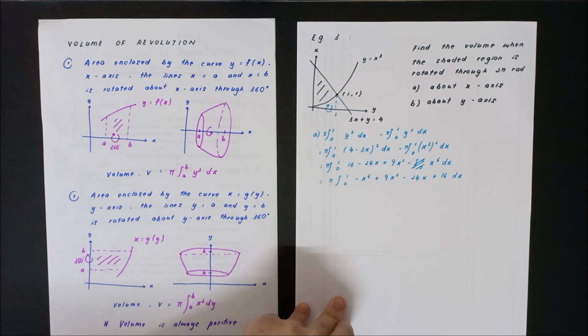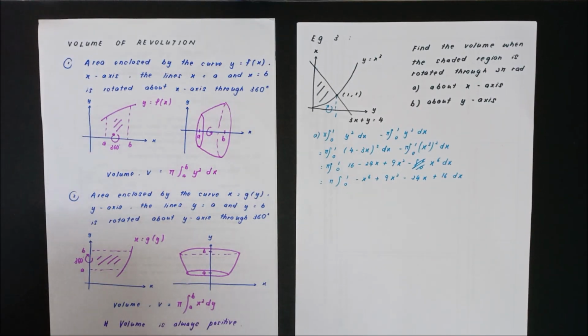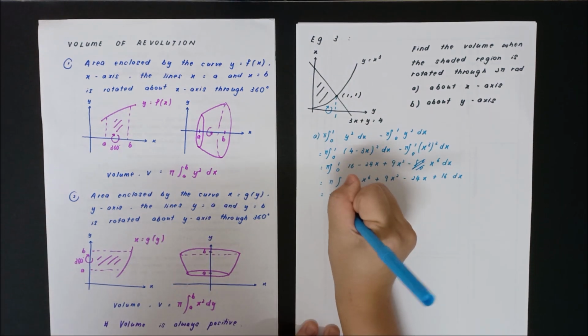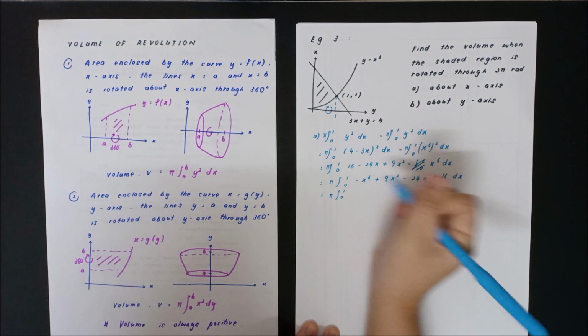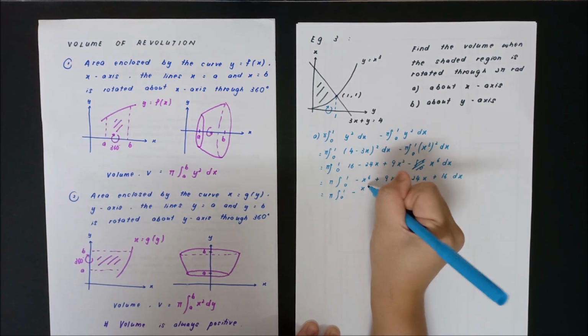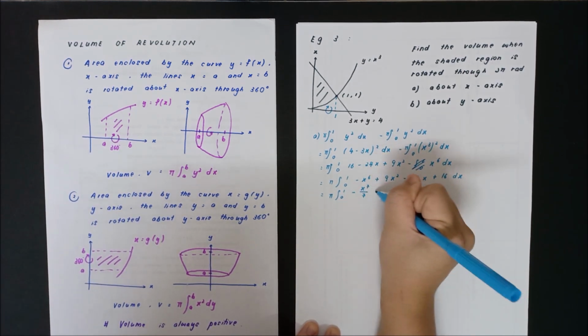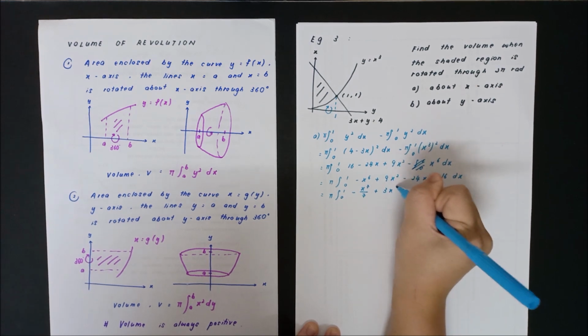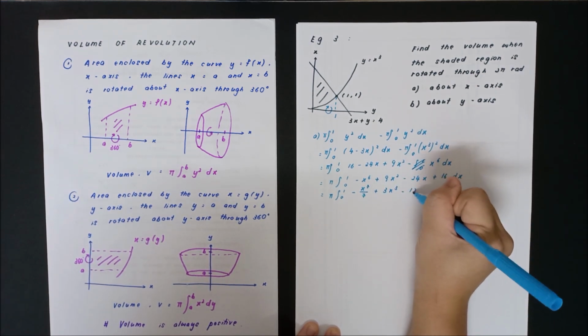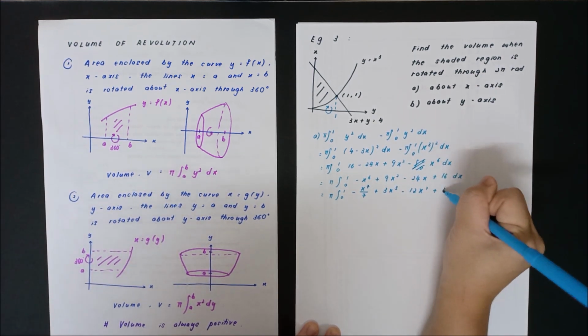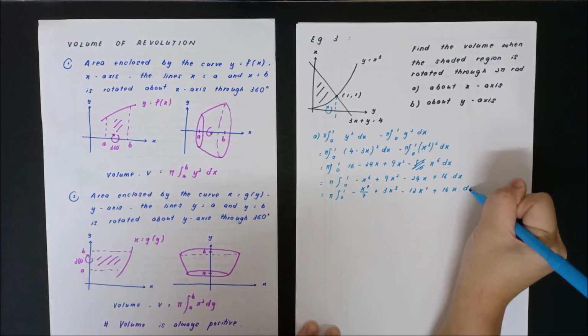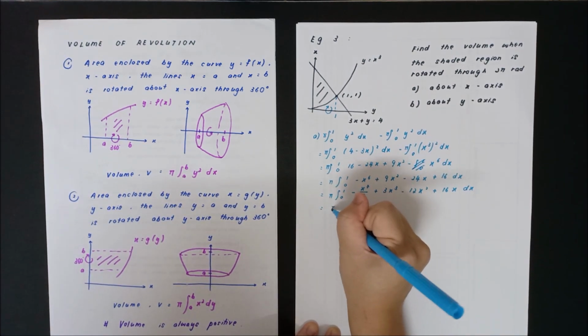After that we can start to do our integration: from 0 to 1, negative x to the 7 over 7 plus 3x cubed minus 12x squared plus 16x, and we substitute 1.